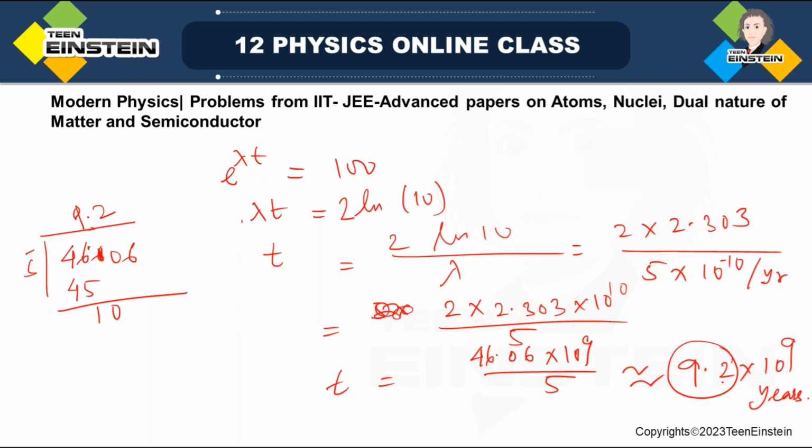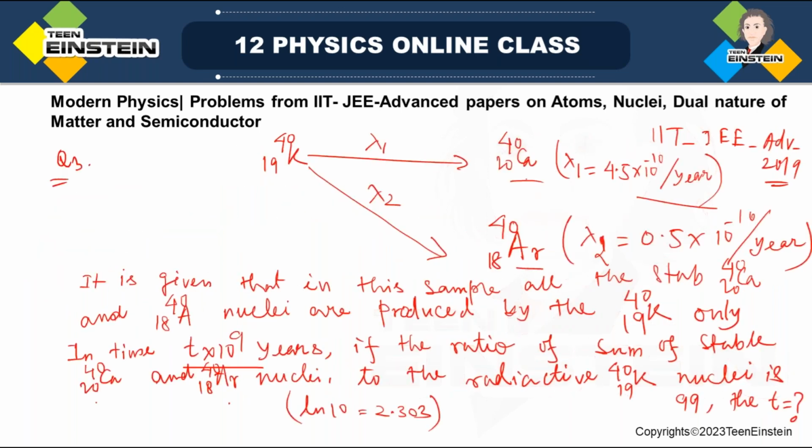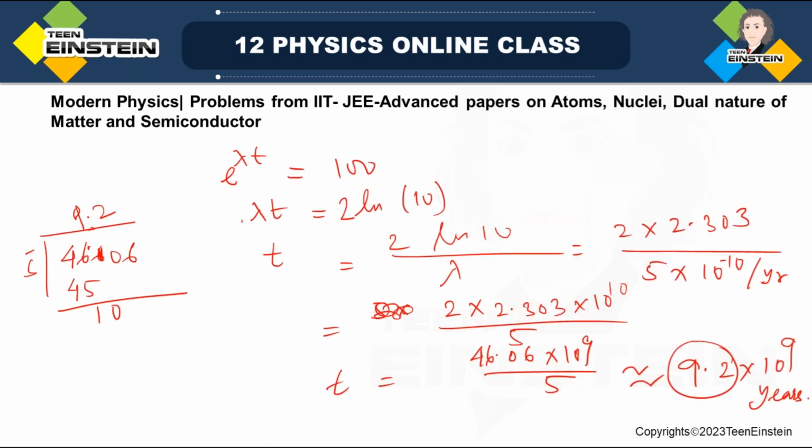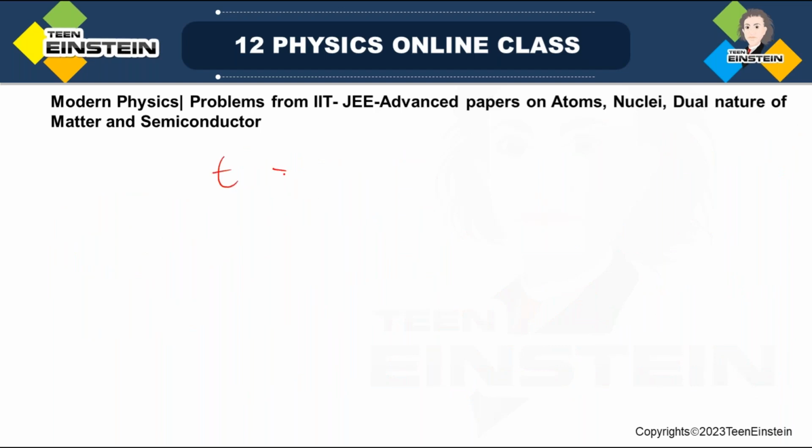Already 10 to the power 9 years was given, so we need to find out what is t. T is 9.2 then. So t is equal to 9.2.